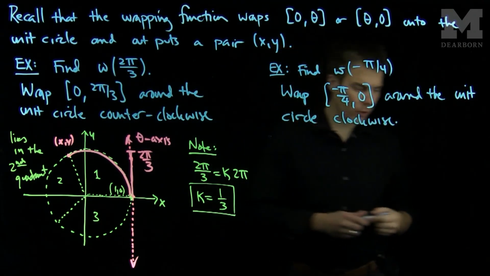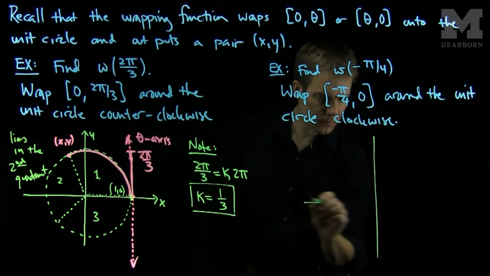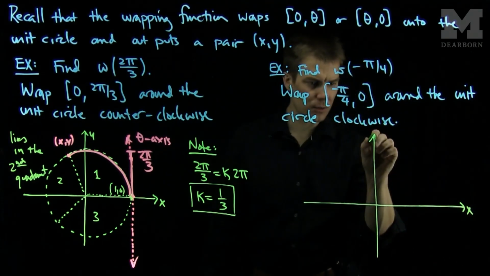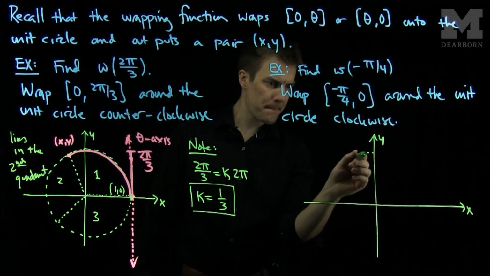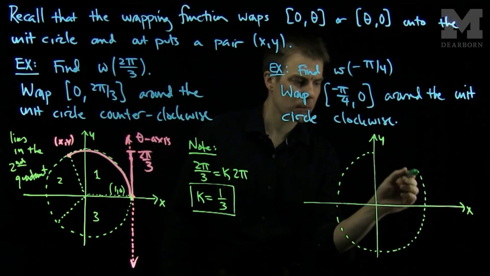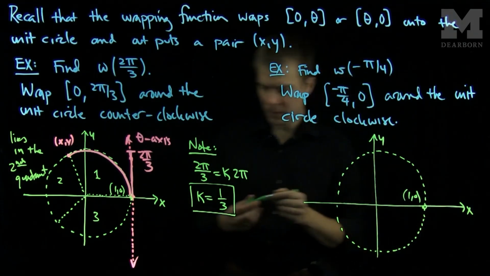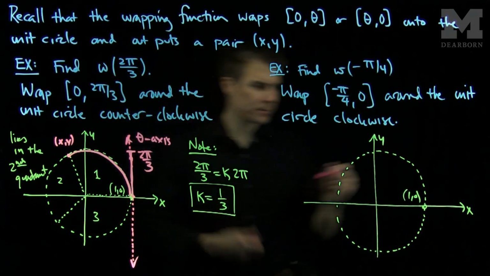So again, we draw our unit circle. The x-axis, the y-axis. This, of course, is the point (1, 0). Then we draw our theta axis.